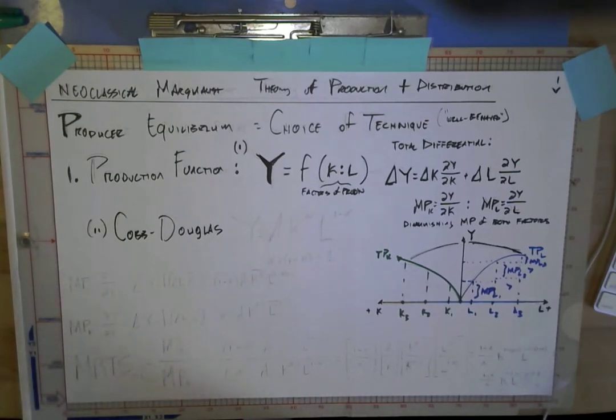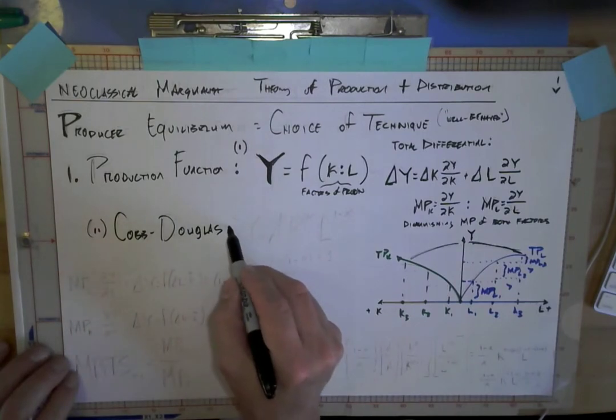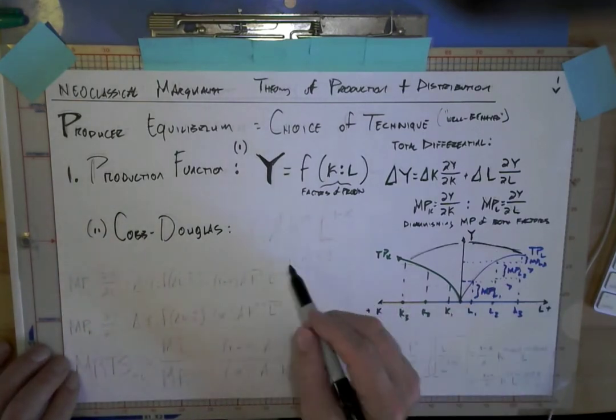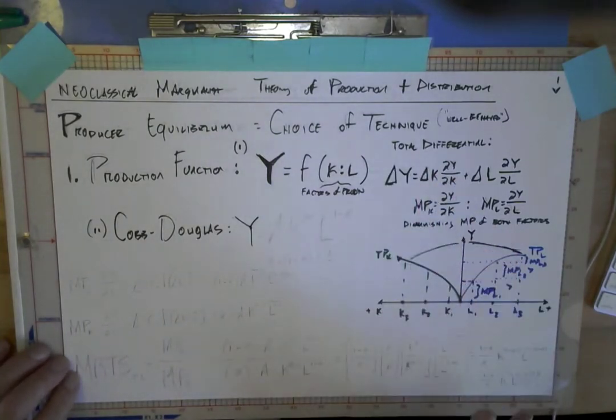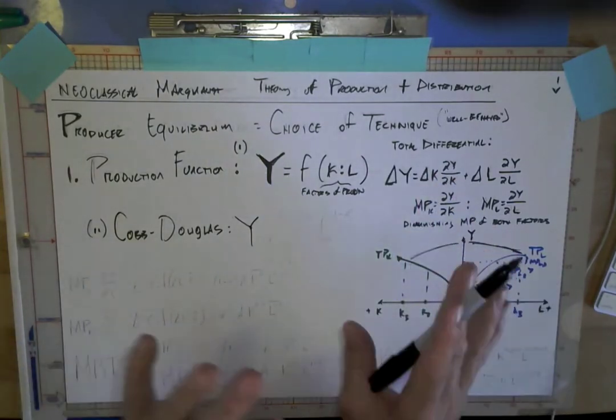Paul Douglas was a senator from Indiana, but also an economist. They developed this mathematical relationship that attempts to understand the relationship between output and factor inputs that exhibit the well-behaved character of diminishing marginal productivity that I discussed earlier.